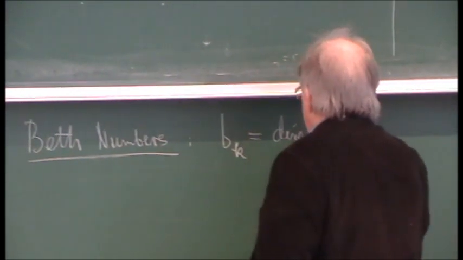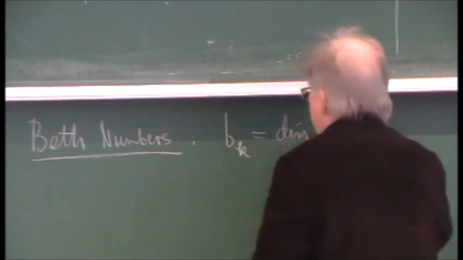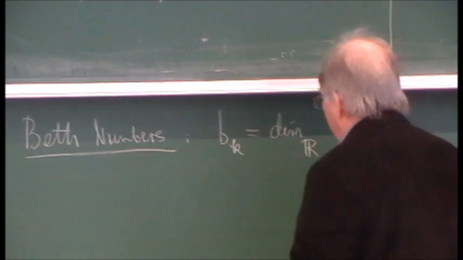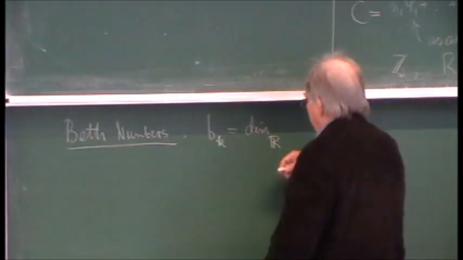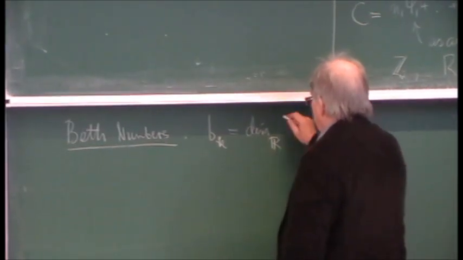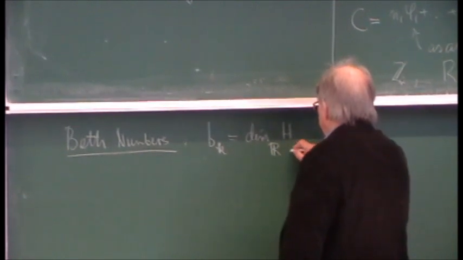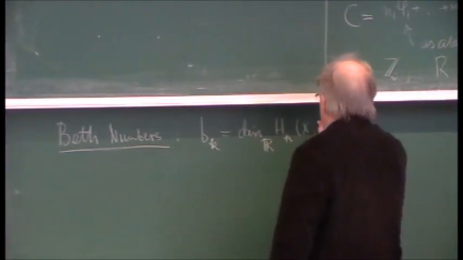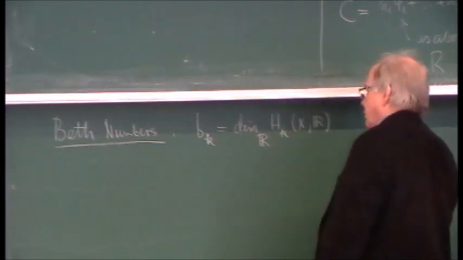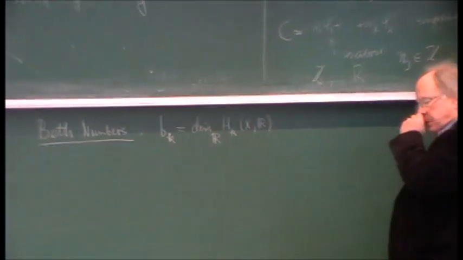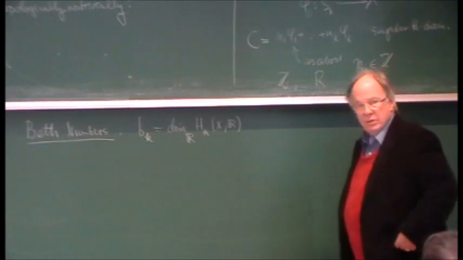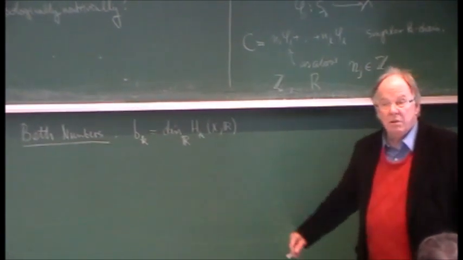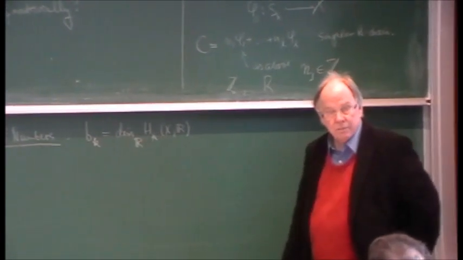Let's make these things vector spaces so that you have no worry at all about the torsion and all of this stuff. For example, the k-th homology with coefficients in the real numbers. These are the so-called Betti numbers. These are vector spaces, and these are Betti numbers.